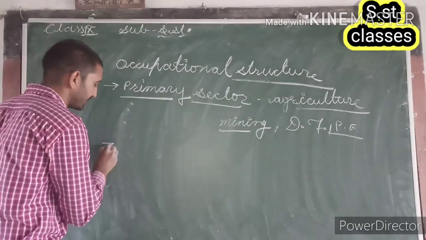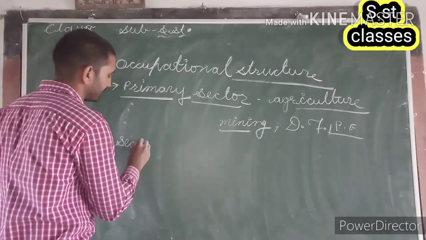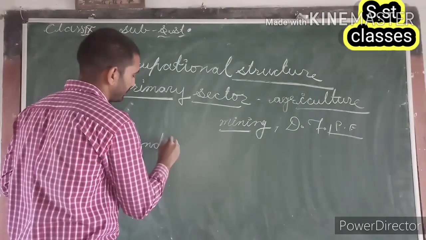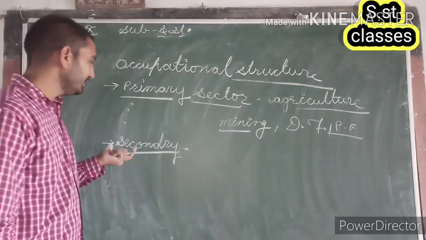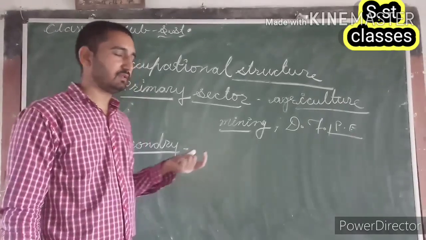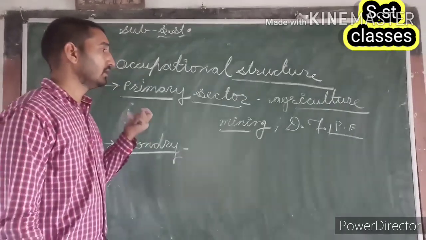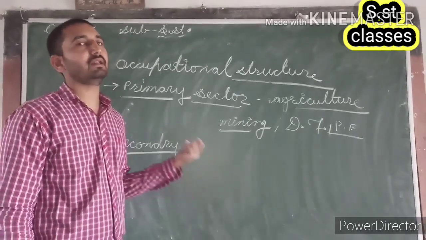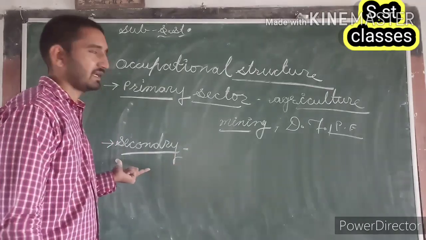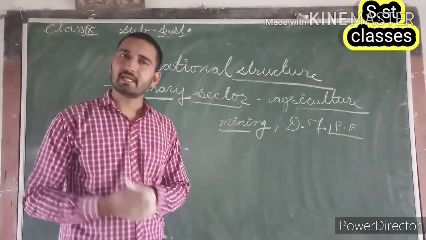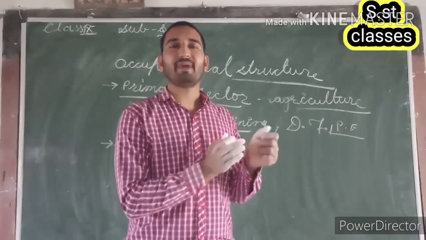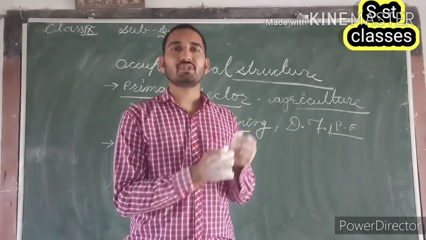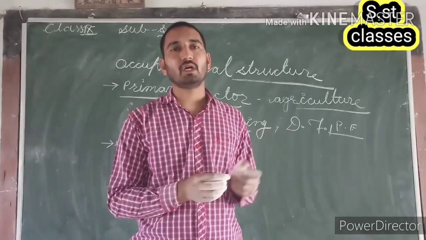The next sector is the secondary sector. And guys, all the activities related with construction and manufacturing are included in the secondary sector. Means in the secondary sector generally we have activities of manufacturing and construction and building work.